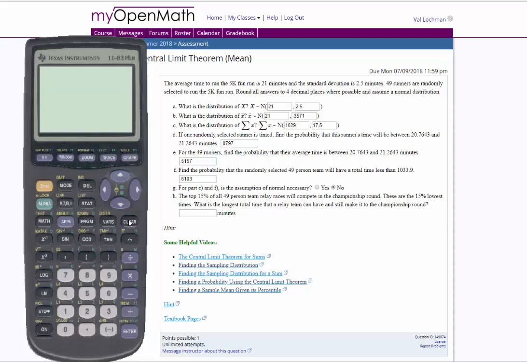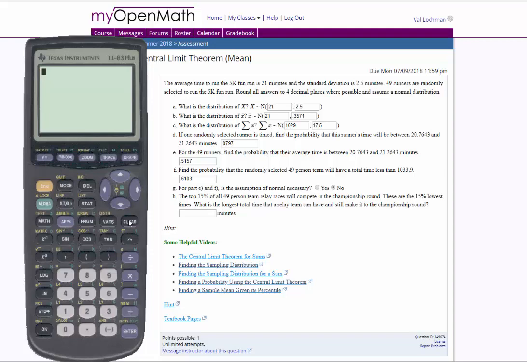The top 15% of all 49-person team relay races will compete in the championship round. Okay, so these are the 15% lowest times. What is the longest total time that a relay team can have and still make it to the championship round? We're looking for the top 15, but we're actually looking for the lowest scores, right? So these are the scores on the left side of the distribution.